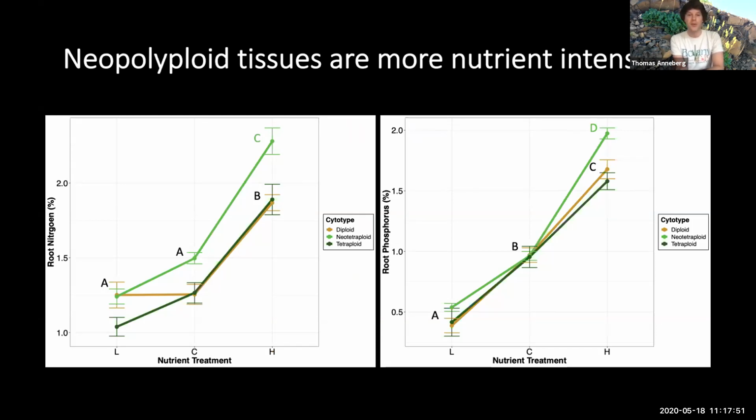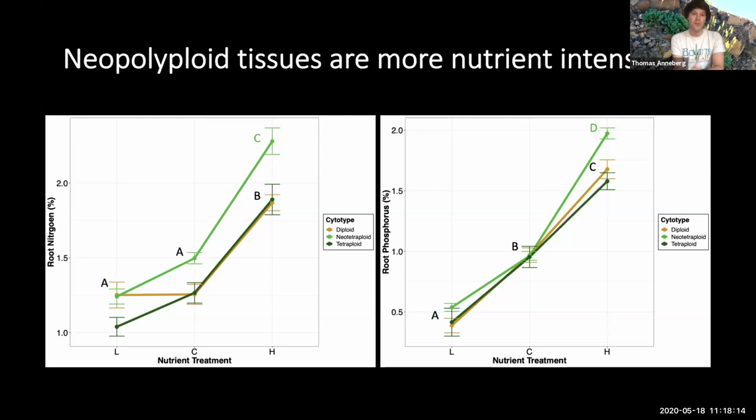You can see with increase in resource supply, there was actually an increase in plasticity for the construction cost of a root. So in high nutrient treatments, there were more nitrates and phosphates flowing into those roots to build them. So you've got a less efficient root being built because it's taking a lot more nutrients to build them.